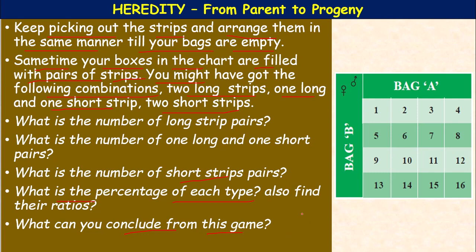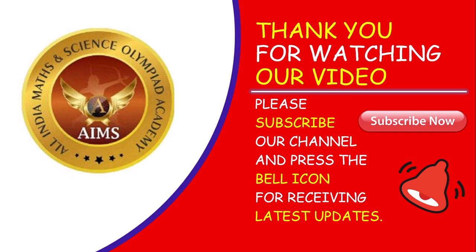We can prove the principle of segregation, principle of dominance, and the principle of independent assortment, the Mendelian principles. Hope you followed, children. In the presence of your teacher, conduct this activity, or with your friends together, and get the ratios.